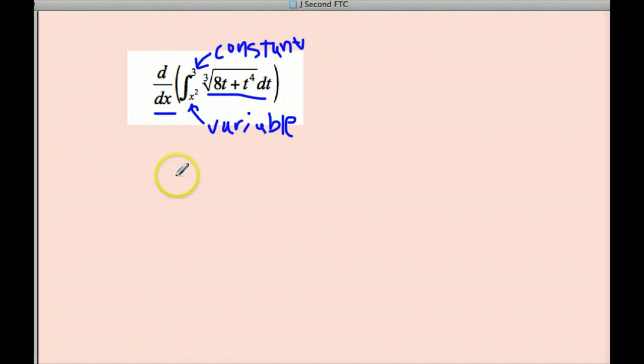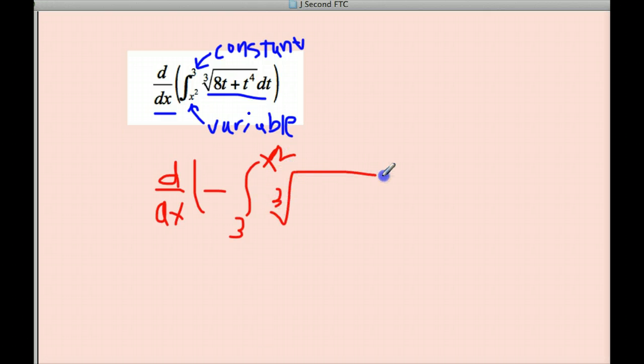So I actually get d dx parentheses negative integral, which allows me to move the 3 in the bottom, the x squared on the top, cube root of 8t plus t to the fourth dt.